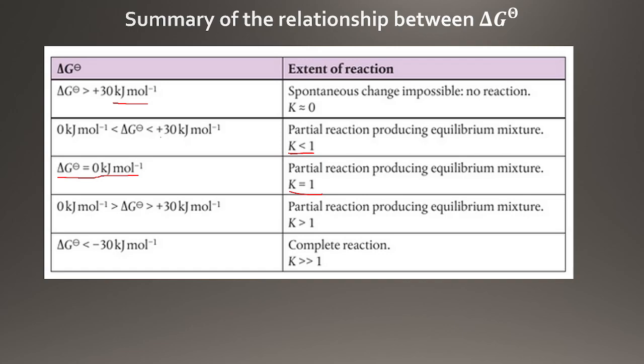But if the value that you get is greater than 30 kilojoules per mole, then it is favoring the reactant side so much that the spontaneous change is impossible, no reaction. So the reaction is actually not going towards products at all, spontaneously.